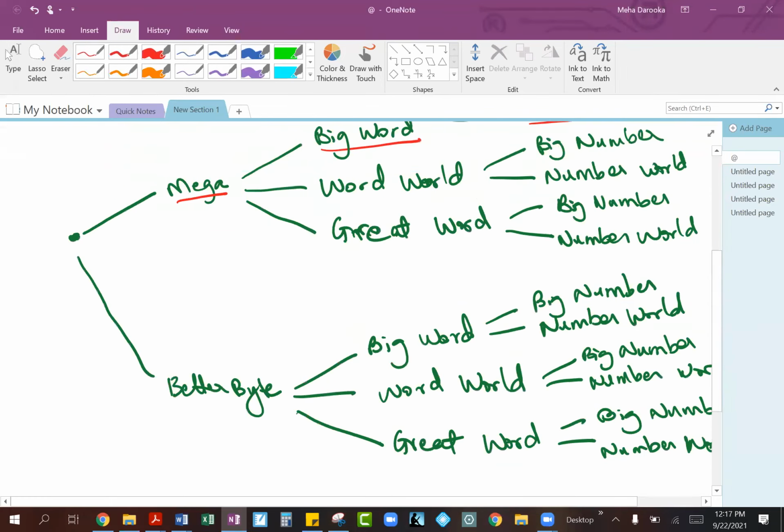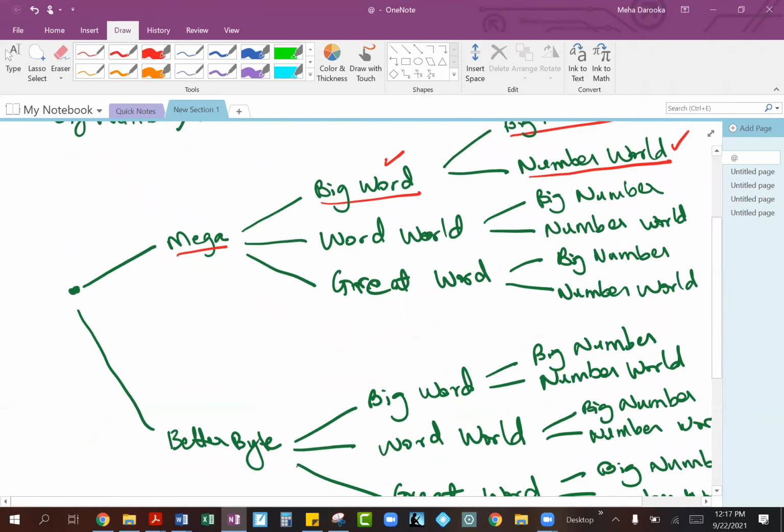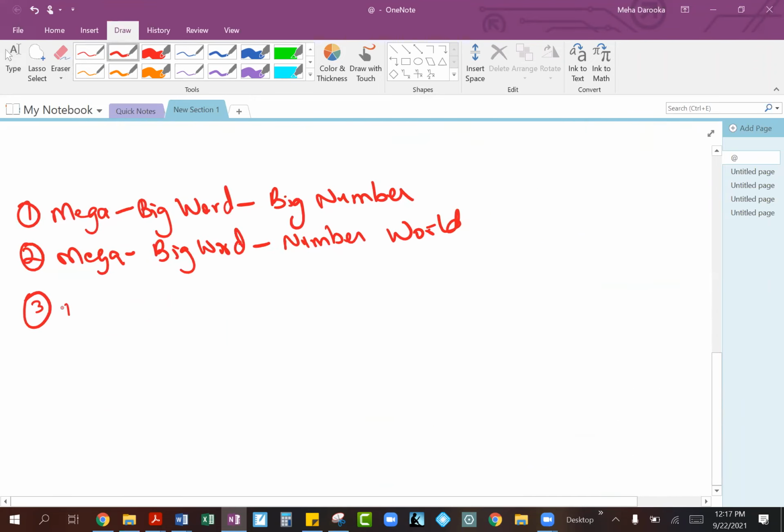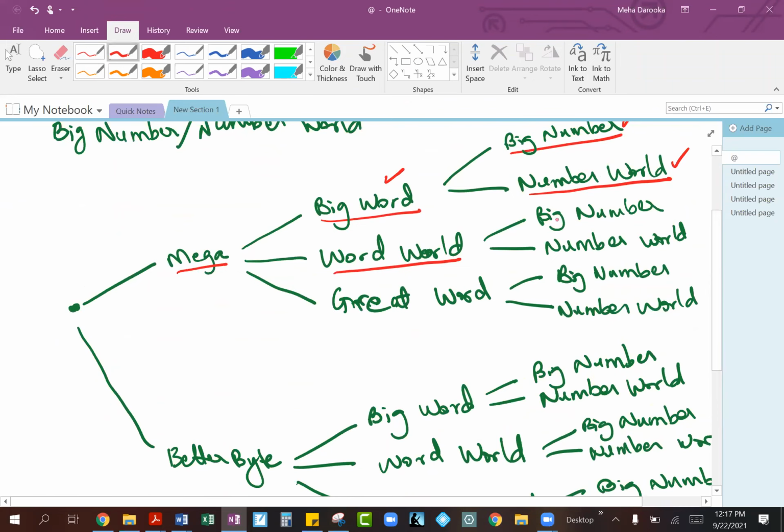Then for the next one, since we're done with both Big Number and Number World, that means we're done with Big Word also. So then from Mega, you can move on to Word World. So that would be your Mega, Word World. And then, of course, you would have Big Number as the first spreadsheet software. So that takes care of this guy.